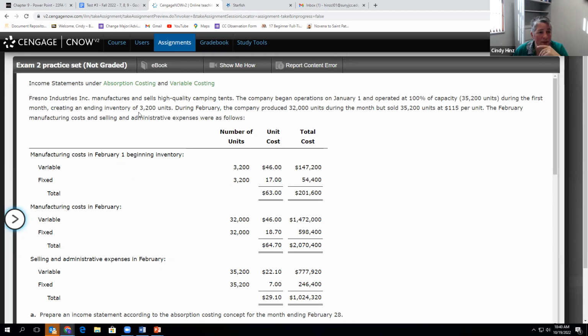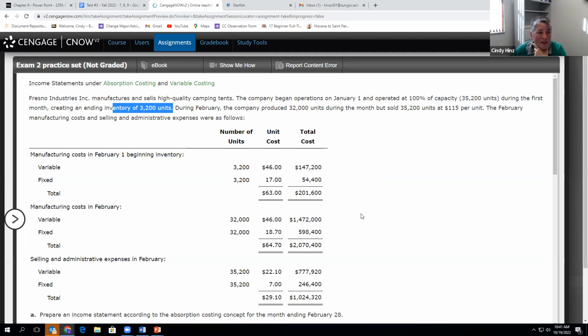So what happened in this exercise, they produced just because they could, not because they had a buyer for that product. And so their ending inventory increased. Under absorption costing, then the fixed cost for those units would end up in ending inventory. Under variable costing, those fixed costs would be expensed. They're treated as period costs.